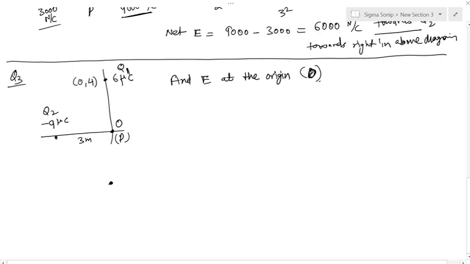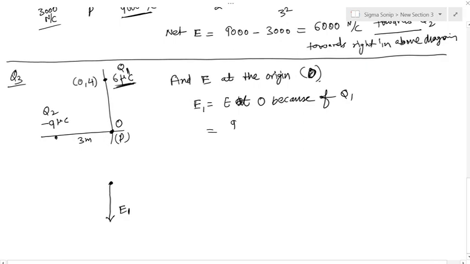So let's look at the electric field at point O, the origin, because of this 6 microcoulomb charge. 6 microcoulomb is a positive charge, so the electric field will be away from this positive charge. So here at O, that will be the electric field intensity because of Q1. We can calculate the value of E1. E1 at O because of Q1, and the formula is simple, K times Q divided by D squared.